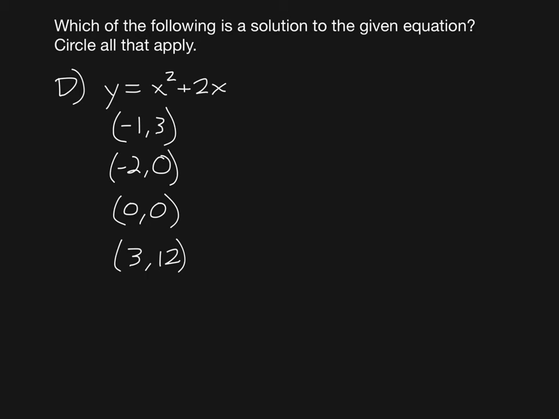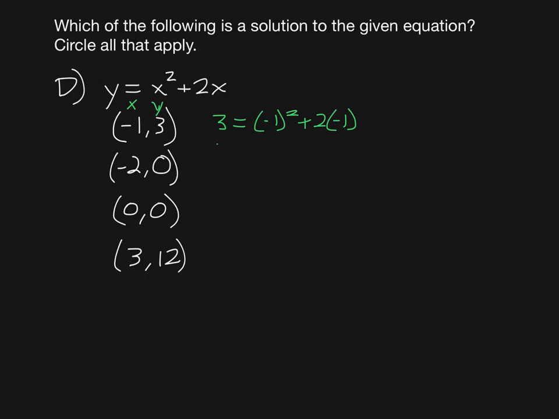In our first point, we have (-1, 3). Remember, for all of these, the first value is x, the second value is y. So I can rewrite my equation here as 3 equals negative 1 to the second power, make sure I use parentheses there, plus 2 times negative 1.